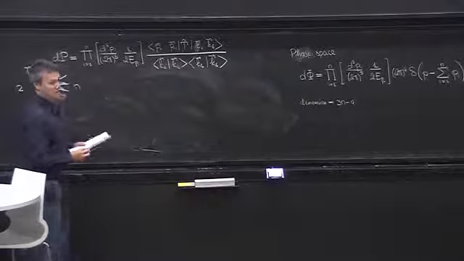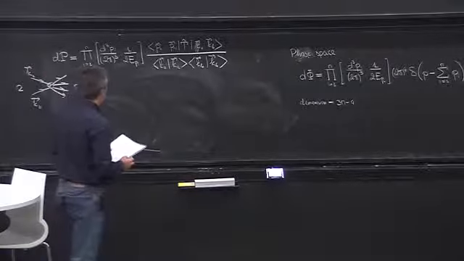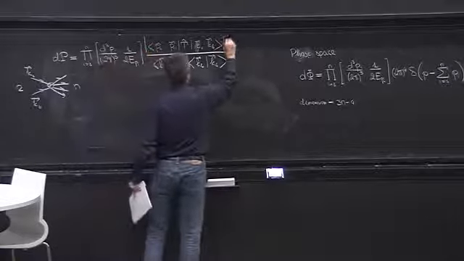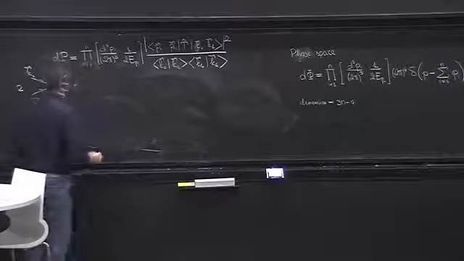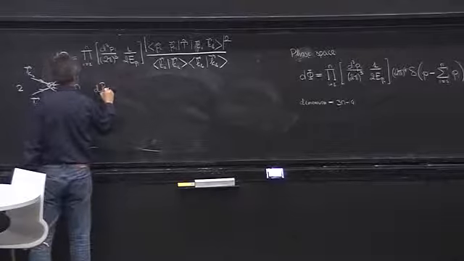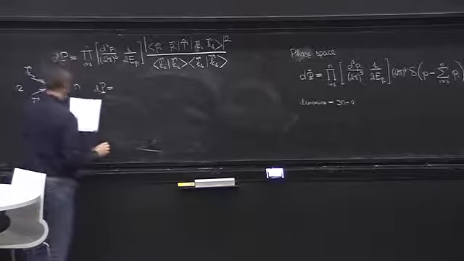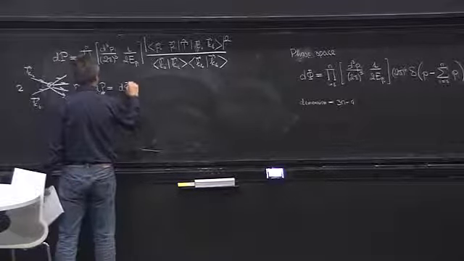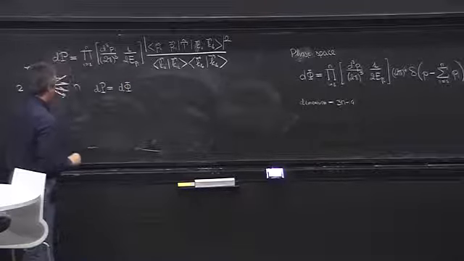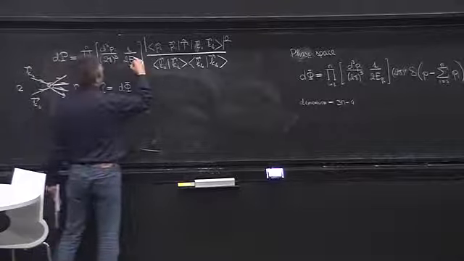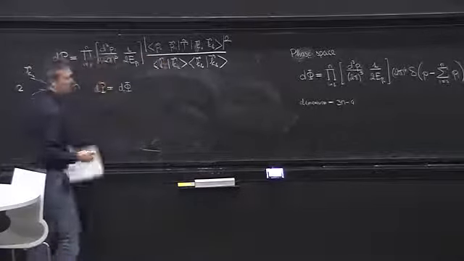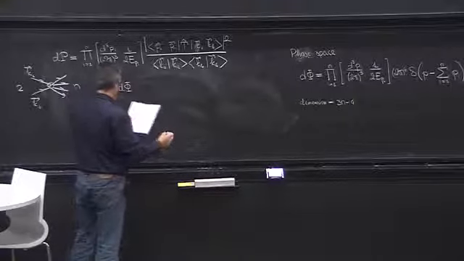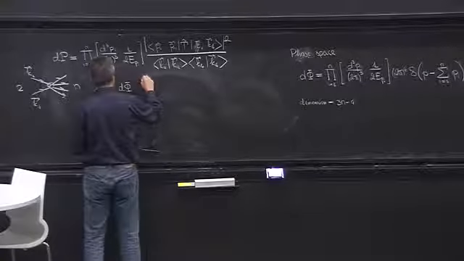And yes, maybe a square. It should be a square. That's right. So what do we get? Well, this will combine with the delta function coming from the matrix element to the phase space times the reduced matrix element squared.